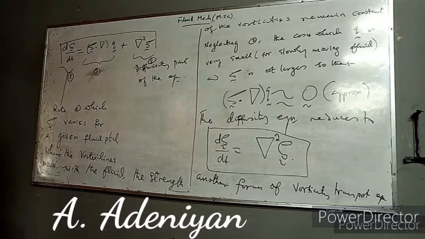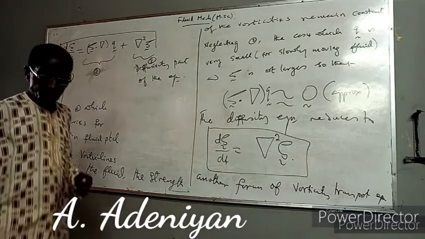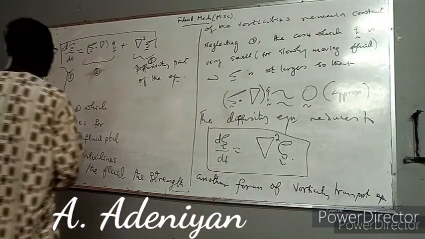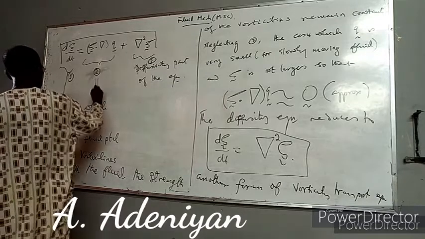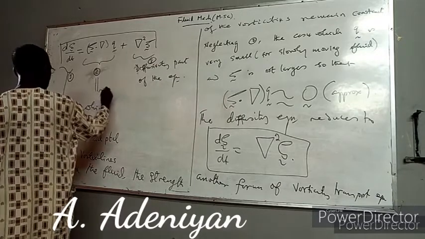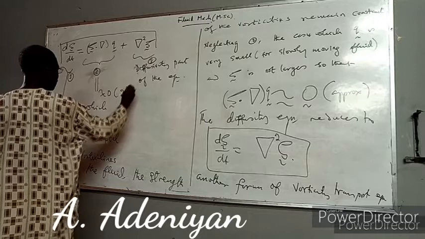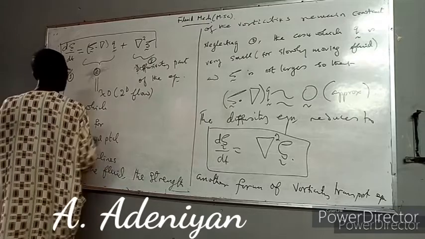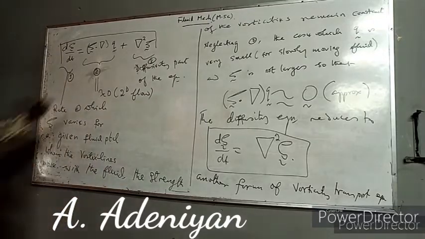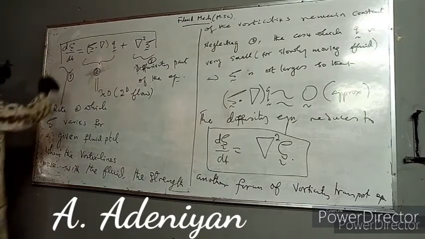Now, in particular, it can be shown for two-dimensional flow, in fact, it can be shown to be approximately 0 for two-dimensional flow. So let us show that. For 2D flow, this is indeed 0, to be shown.